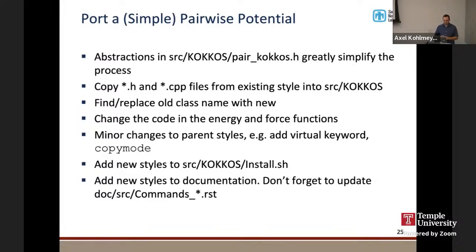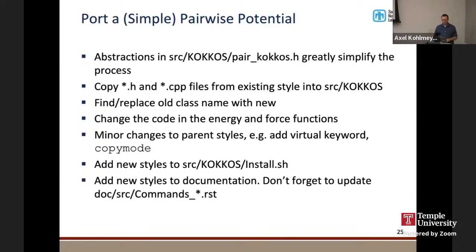You also have to make a few minor changes to the parent styles. So you may have to add a virtual keyword, or you also definitely have to add this copymode into the parent destructor. Then you need to add the new styles that you've written into this install.sh script for the makefile build system, and then add the new styles to the documentation.